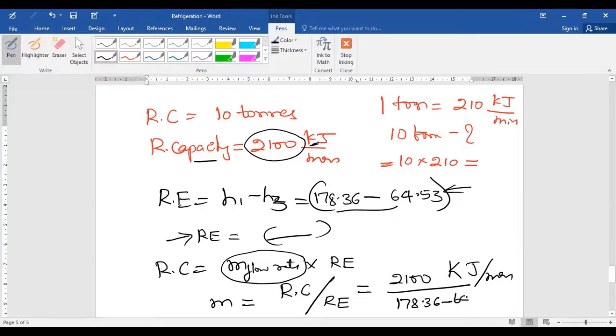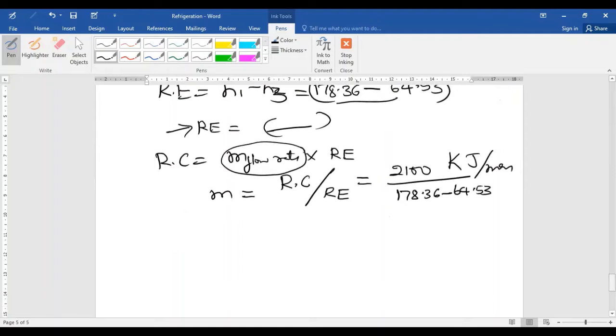I have the final answer with me. So 2100 divided by 178.36 minus 64.53. If you do this, the mass flow rate you will get is approximately 18.48 kg per minute.